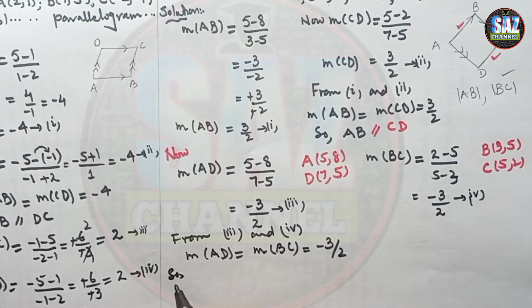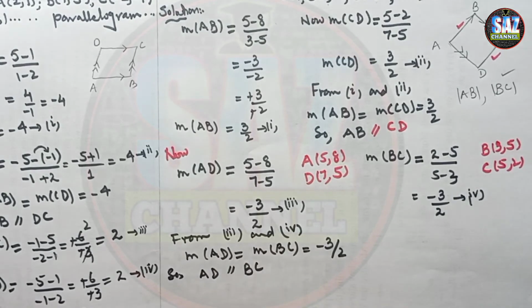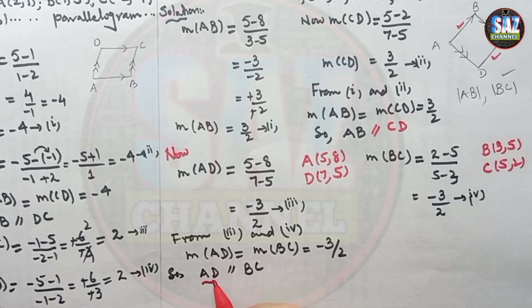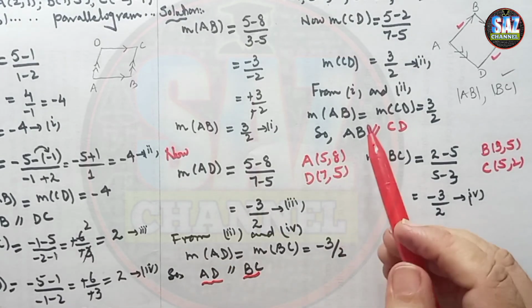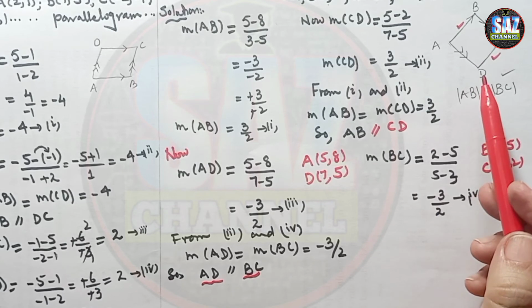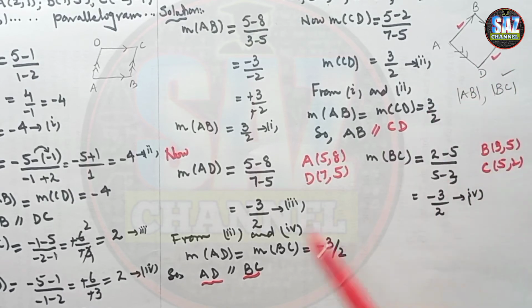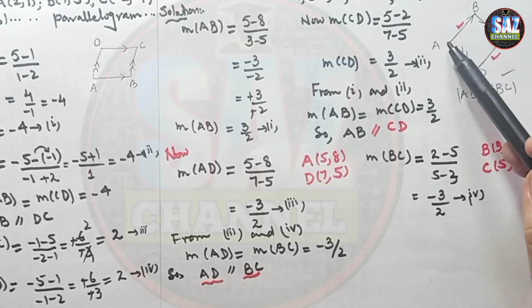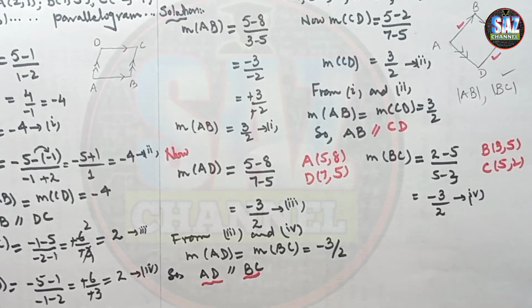So AD is parallel to BC. In the previous part we said that AB is parallel to DC, and now AD is parallel to BC. So we can say that somehow the shape is a rhombus, but there is one more thing that we have to check: whether the lengths AB and BC are equal or not.